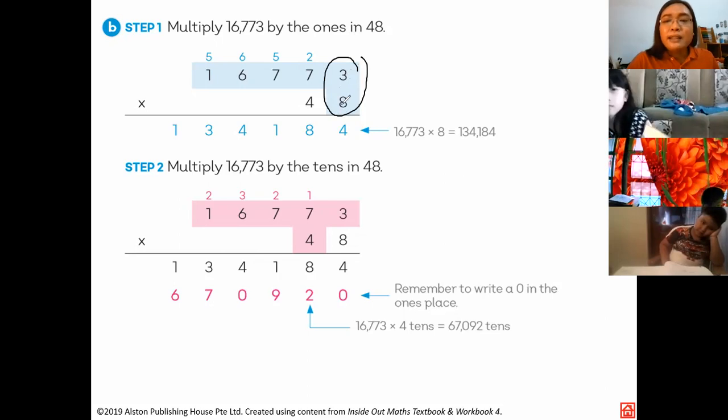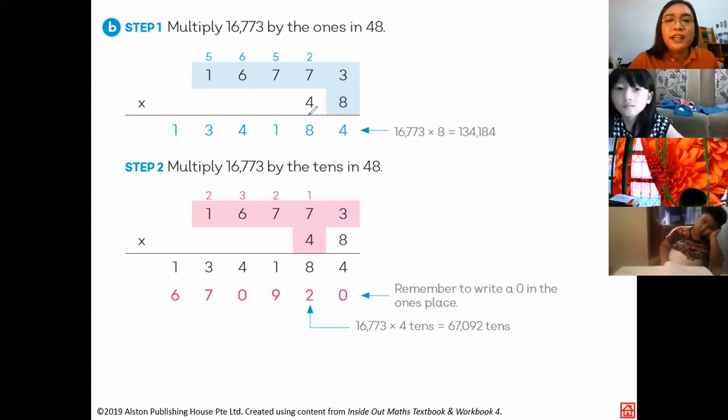And then 8 times 7, that's 56. 56 plus 2, 58.